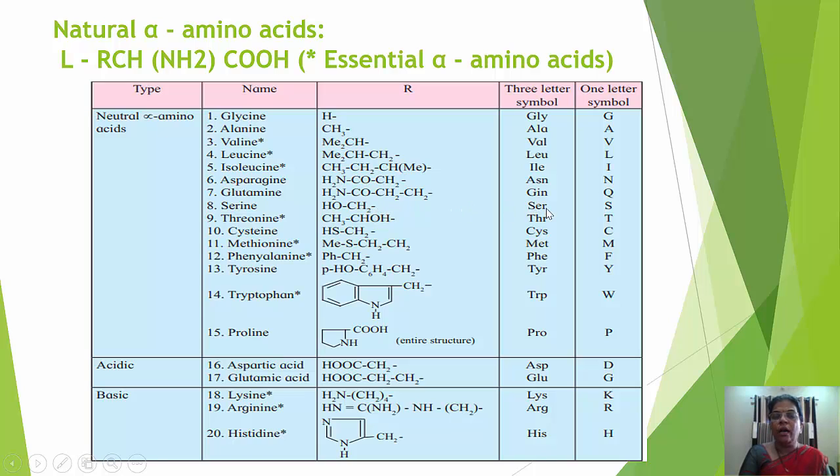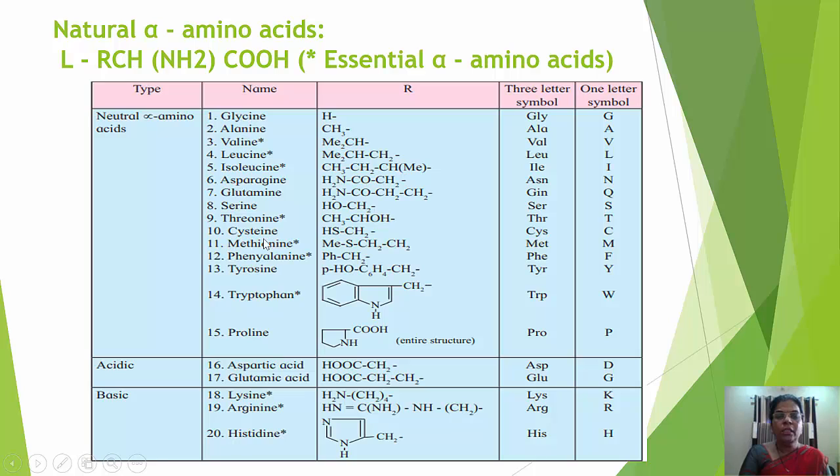It is represented as SER and the 1-letter symbol is S. Then next is threonine. It is an essential alpha amino acid, CH3 CHOH. It is represented as THR and T.